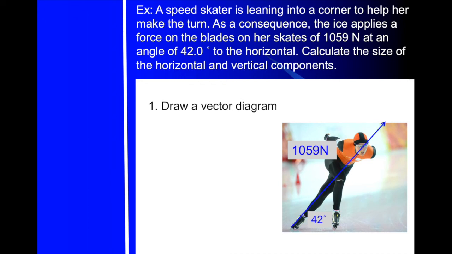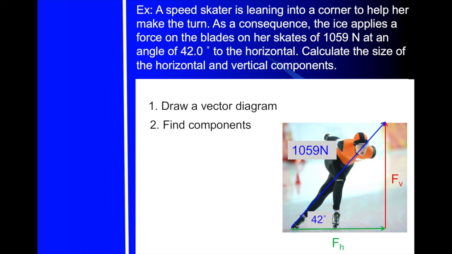So we know that the angle of 42 degrees to that of the ice is right here. This angle is the resultant. What we want to try to find is this vector here, which is F sub h for horizontal. And then we also have a vertical vector.